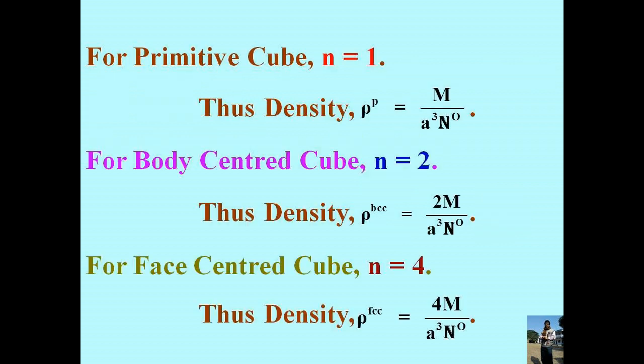For primitive cube, n equals 1. Thus the density rho P equals M by a cube N0. For BCC, n equals 2. Thus the density rho BCC equals 2M by a cube N0. For FCC, n equals 4. Thus the density rho FCC equals 4M by a cube N0.